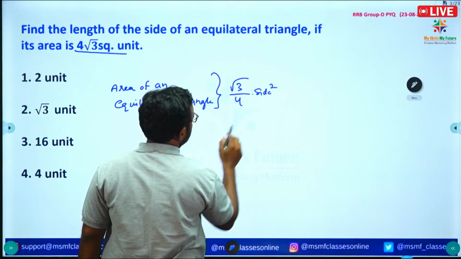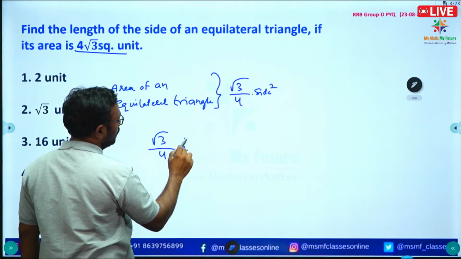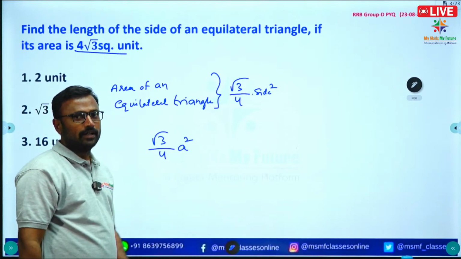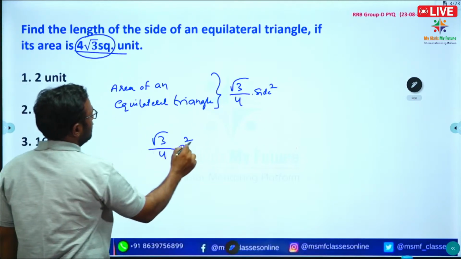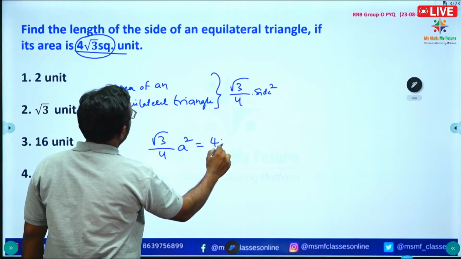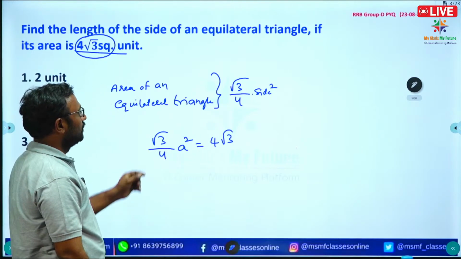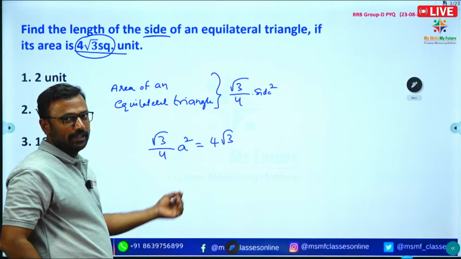So, we can simply write root 3 by 4 into a square, where a is the side of the equilateral triangle. They gave the area directly, equal to 4 root 3. We need to find the side, nothing but the value of a.